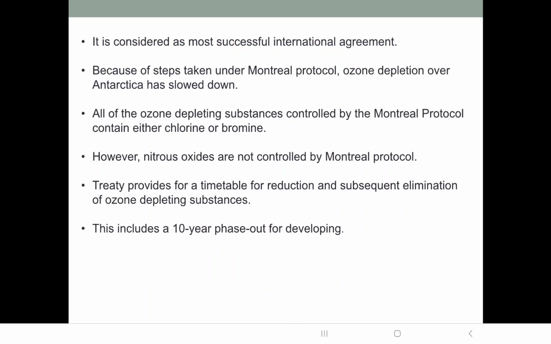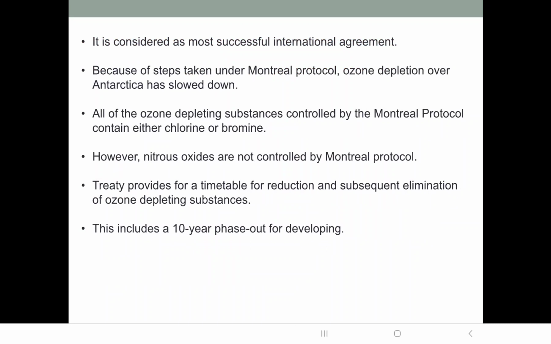And then they review regularly whether the substance has been phased out or not. Let us take the example of chlorofluorocarbons. India has itself phased out many chemicals with respect to the Montreal Protocol. The review is done regularly to see whether the countries have actually phased out the chemicals or not.